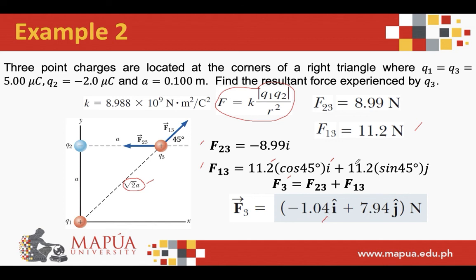And then the y component will only come from 11.2 times sine 45 degrees, which is 7.94. So this is your resultant vector acting at Q3.